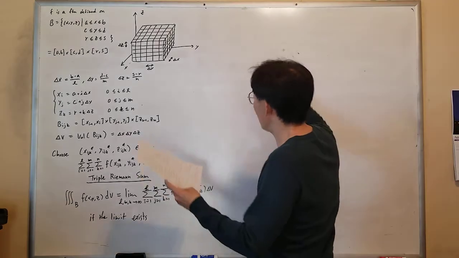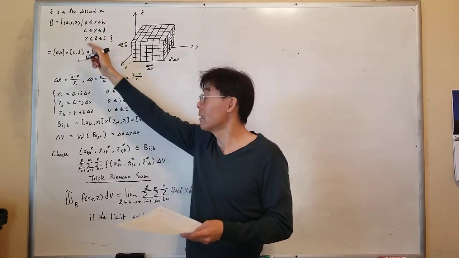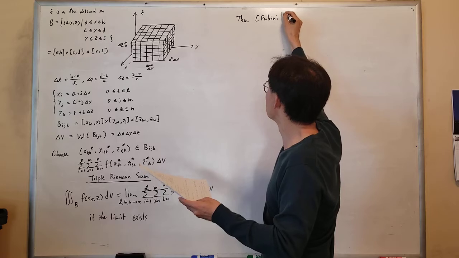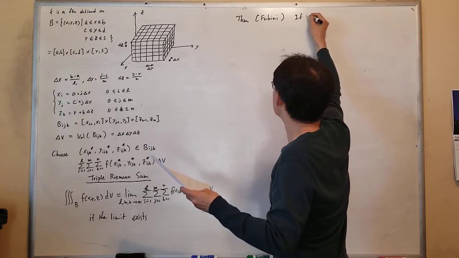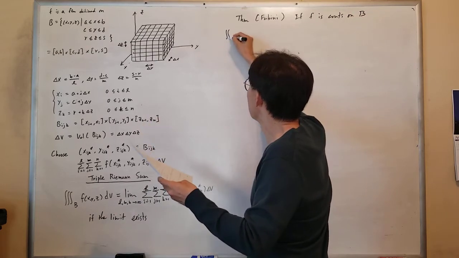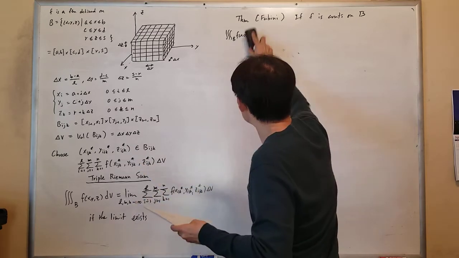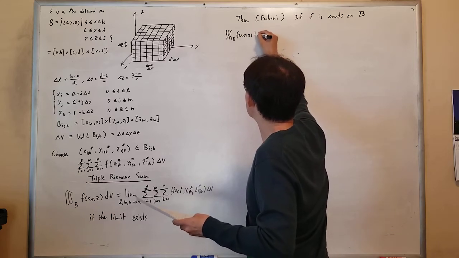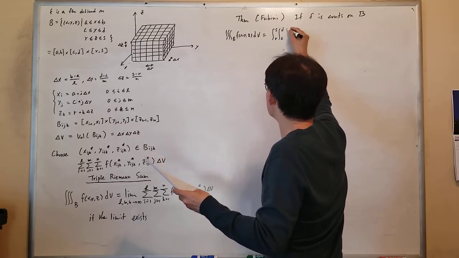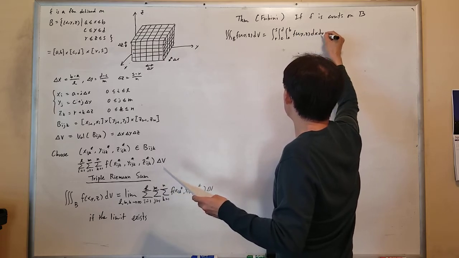Just like that, we also have Fubini's theorem here. When the domain of the three-variable function f is this rectangular box, then Fubini's theorem in the three-dimensional case says that if f is continuous on this box B, then this triple integral can be calculated as the integral from r to s, c to d, a to b of f(x, y, z) dx dy dz.